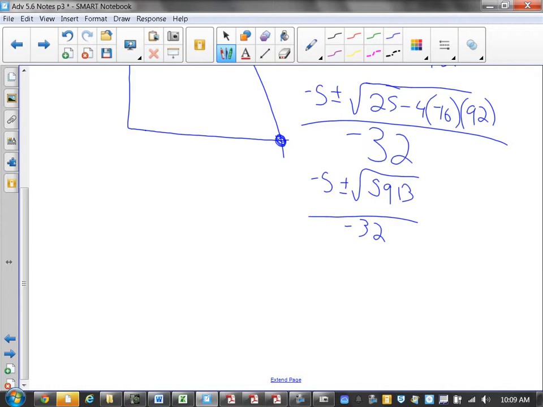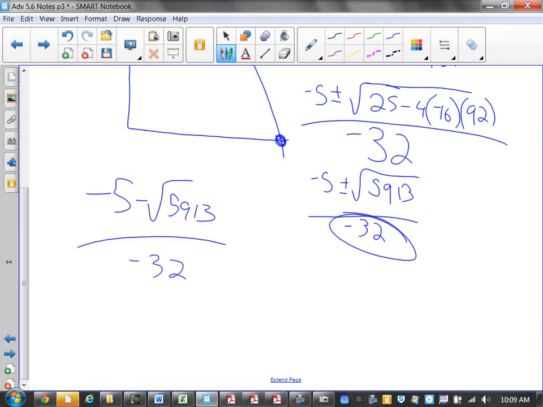Notice I'm dividing by a negative. What do I want my numerator to be then? I want it to be negative as well. Because what's negative divided by negative? Positive. So in this case, I need to throw out the positive value here because I'm dividing by a negative. So my answer will wind up being -5 minus the square root of 5913 divided by -32.